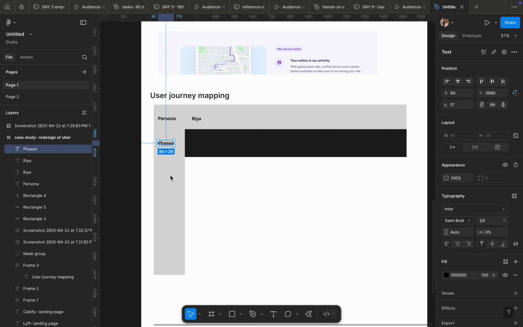First, before we begin, this is just going to be a template which I'm just designing.